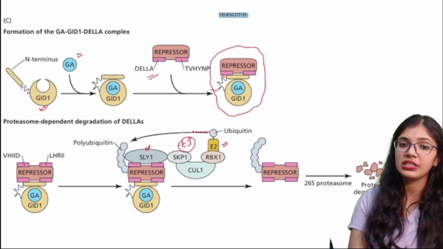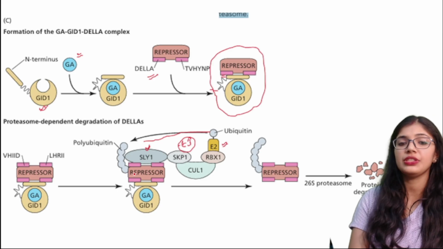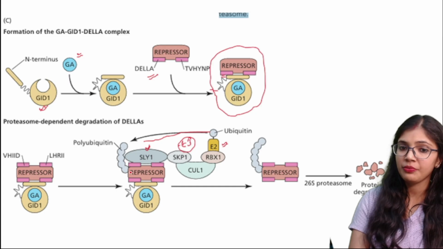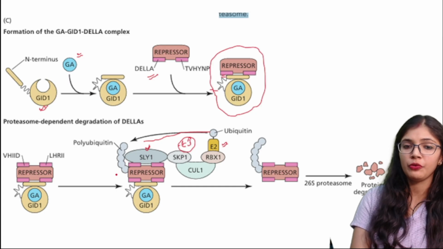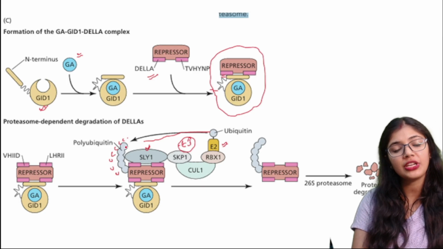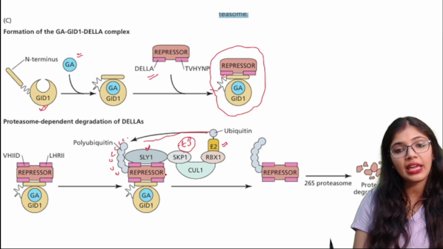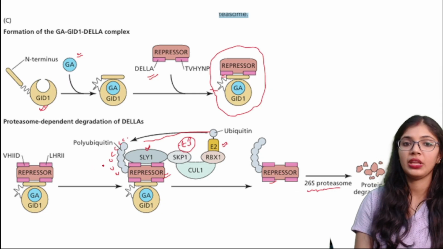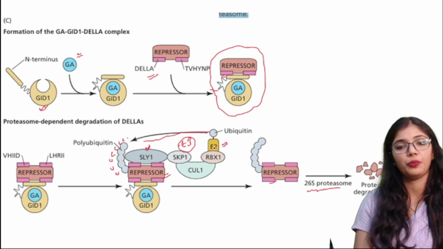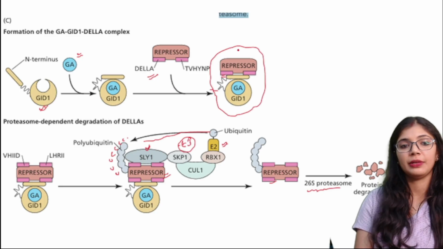This ubiquitin is transferred to the repressor protein. After polyubiquitination, that means attachment of multiple ubiquitins at this site, the target protein is degraded by the 26S proteasomal pathway. In this way, the regulation or degradation of protein takes place in gibberellic acid signaling.